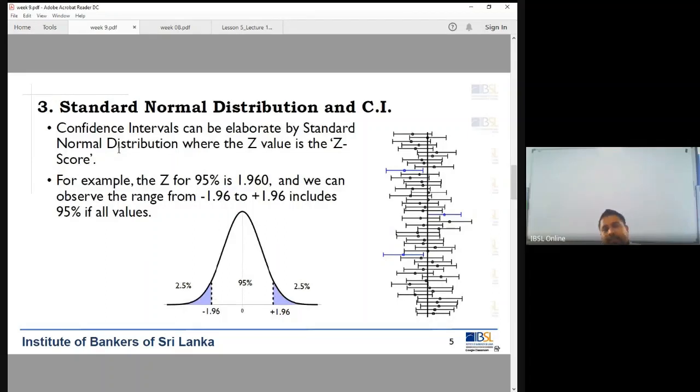Now, this confidence interval can be elaborated by the standard normal distribution, where the Z value that we discussed previously is nothing but the Z score that we learned to calculate in our previous discussions. For example, when you say 95% confidence that your true value will be between a range of plus or minus 6.2 centimeters in our previous example, if you recall our discussion on the standard normal curve, we learned that this curve is symmetric.